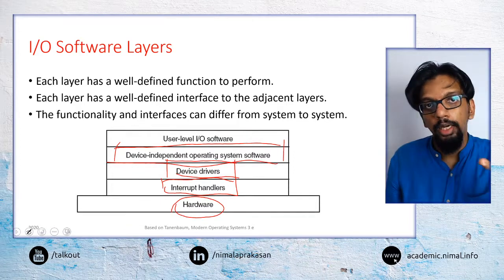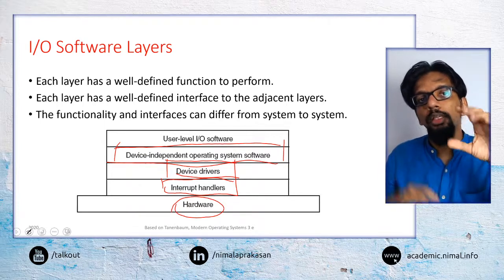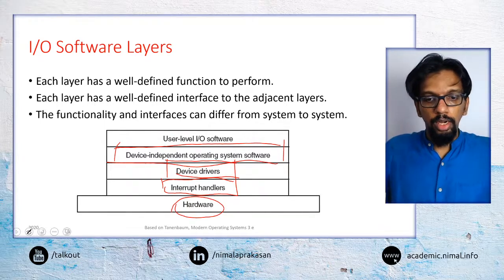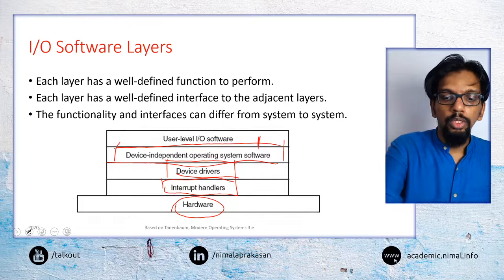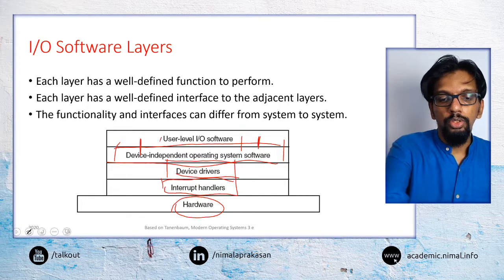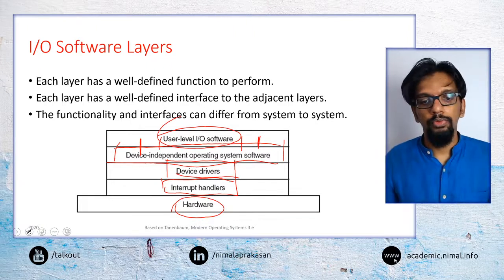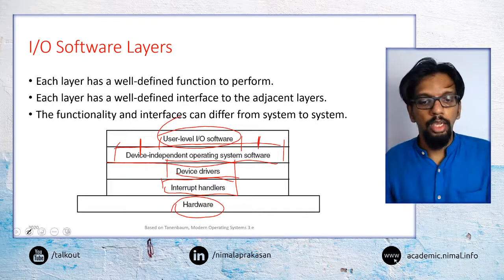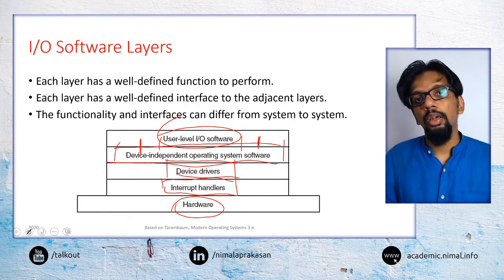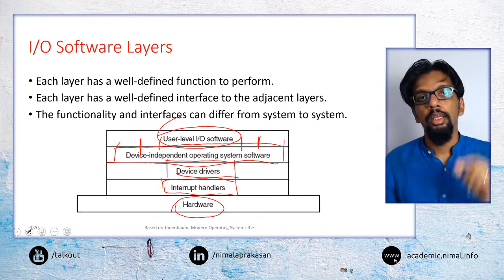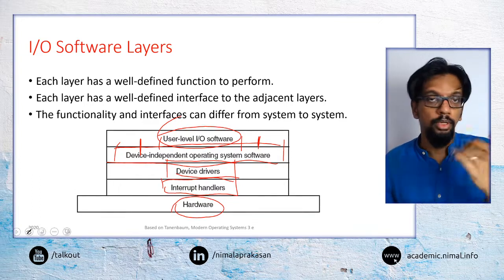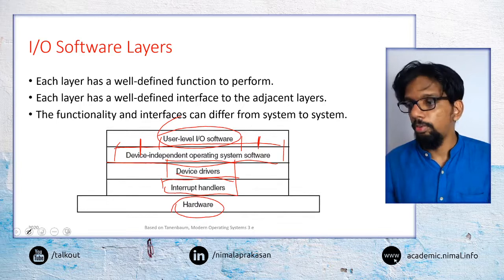The operating system will also have the device independent software layer, which is normally used by the user software. So whatever the user level IO software, that will communicate with the device independent operating system layer to do any sort of interaction with the input output devices.